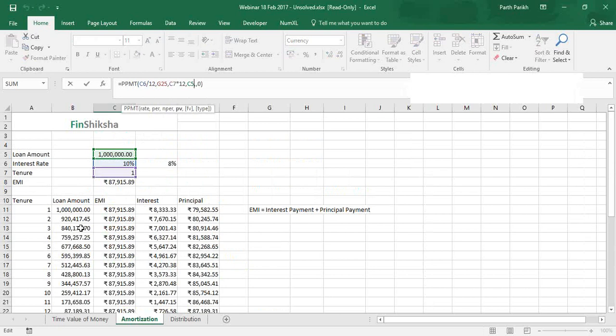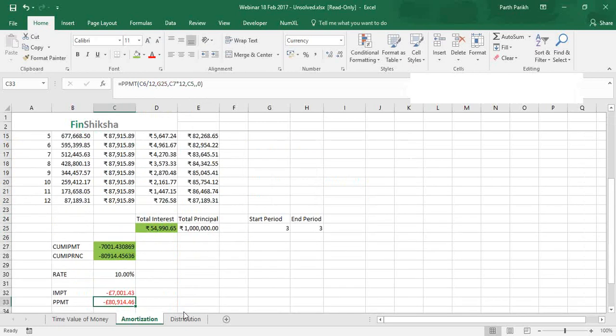The PPMT formula internally, which is not in front of us, calculates this entire amortization schedule, mind it, and then it gives me the output at this third row or the fourth row depending on my time period. That's why I have not changed this PV for that particular period. If I had to calculate this PV, then what is the use of this PPMT formula? The PPMT formula internally creates the schedule and gives the output.